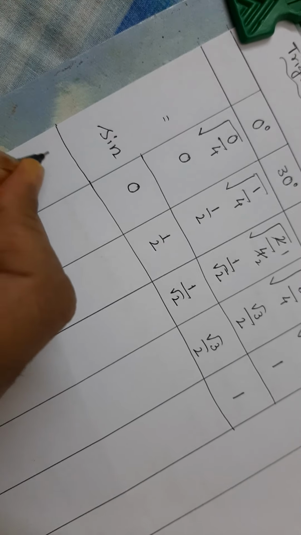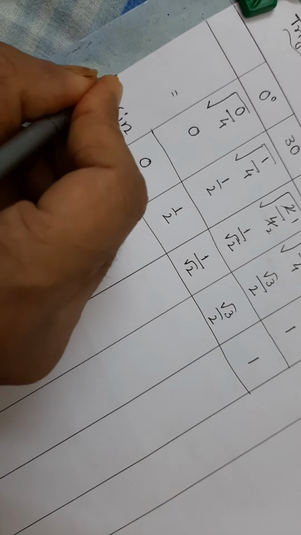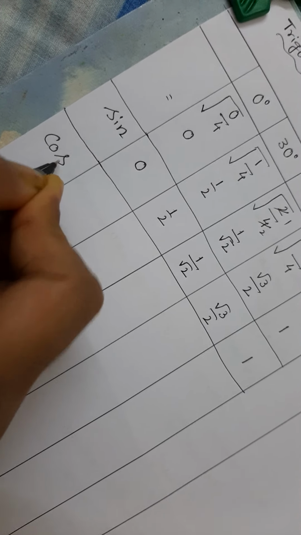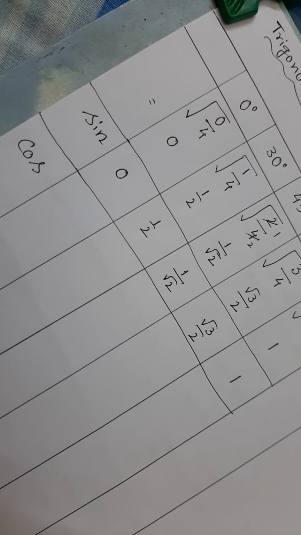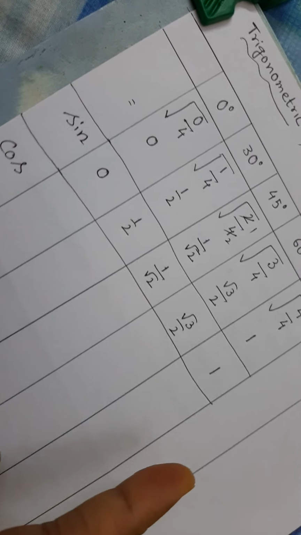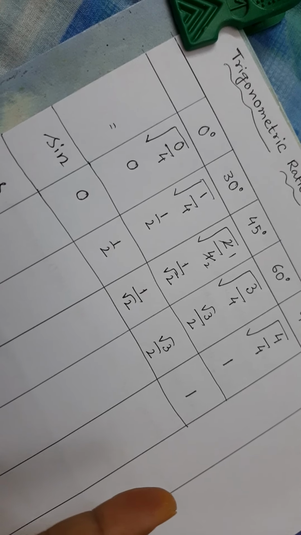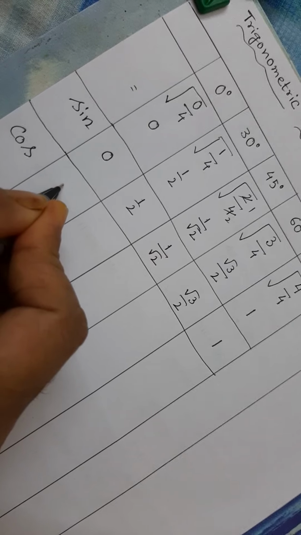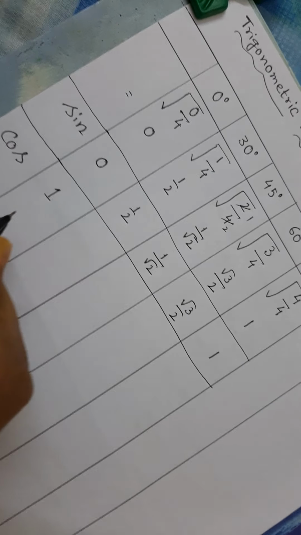Then cos. C-O-S. Right. All these values of sine from end to beginning. So at last one is 1, so write at first 1.